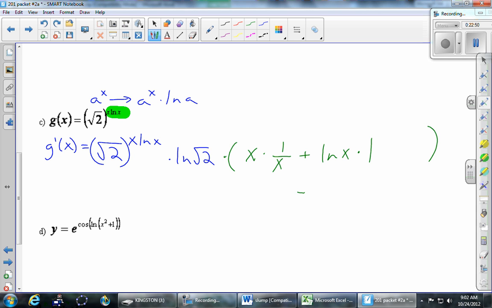So this is really just ln of x, and actually the first one simplifies to 1. So this thing is the same as this. Questions on that one?